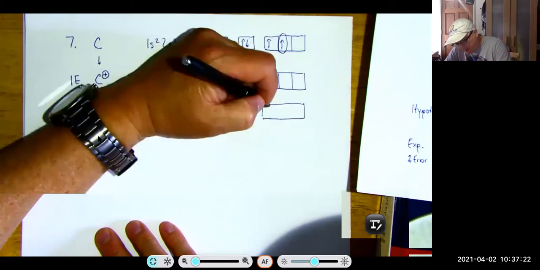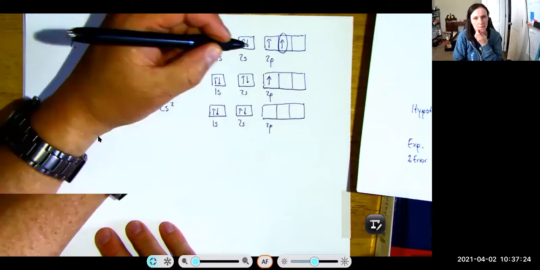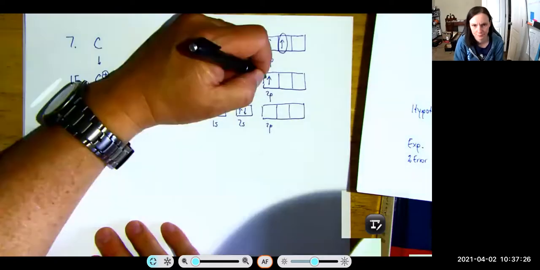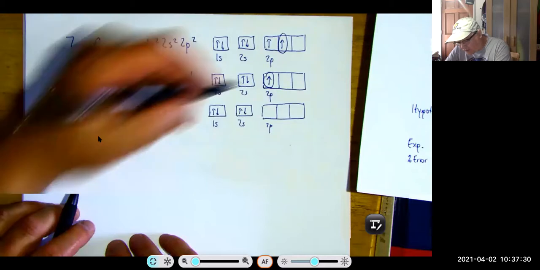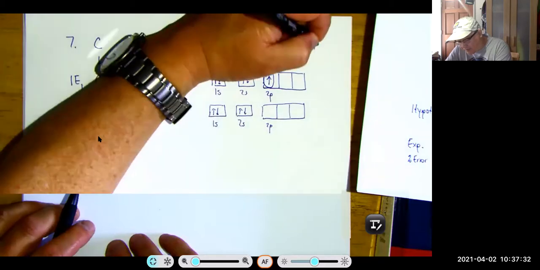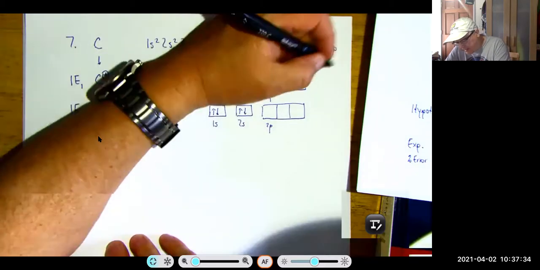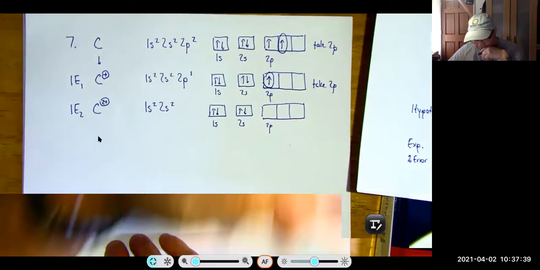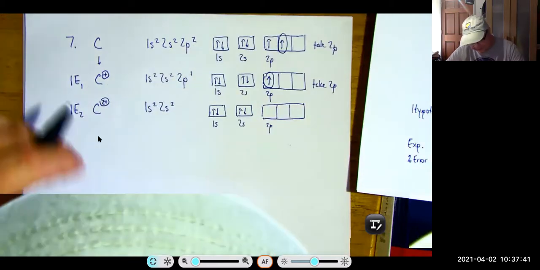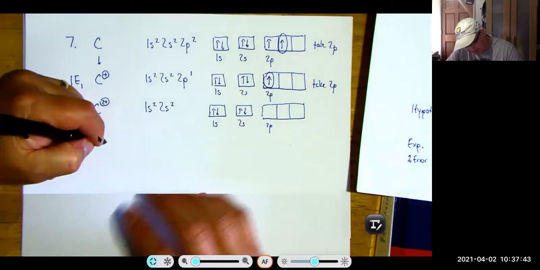And this is now empty. So I'm going to circle that, because that's the one we take. Can you see that we're going to take a 2p, and here we're going to take a 2p? Now, in reality, this is what's happening.